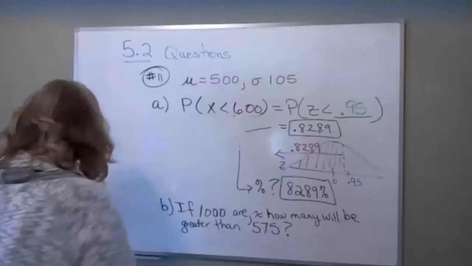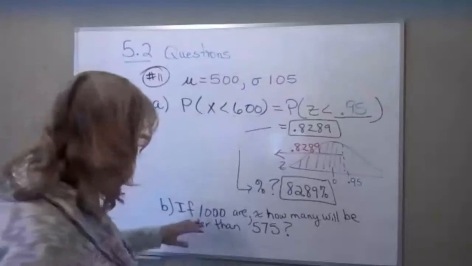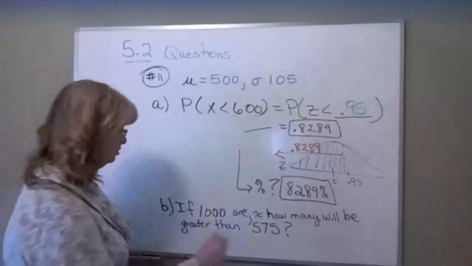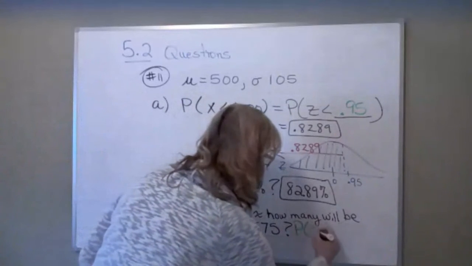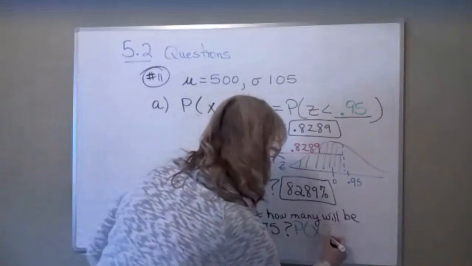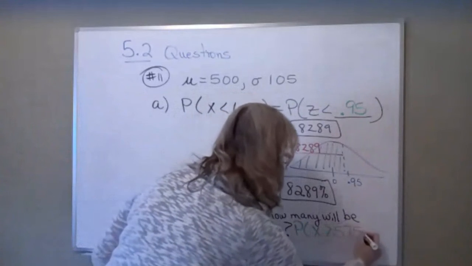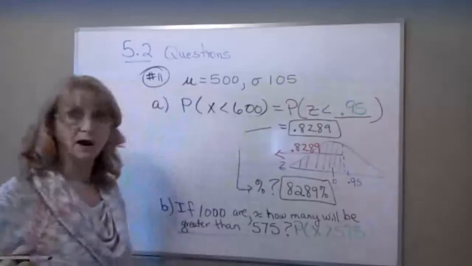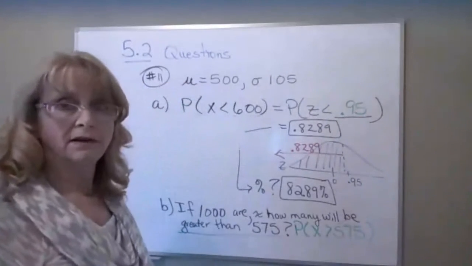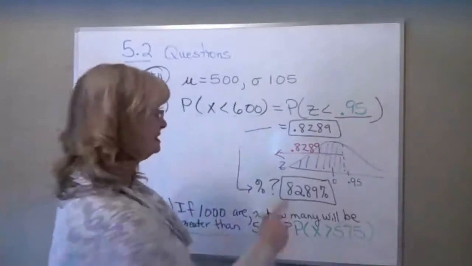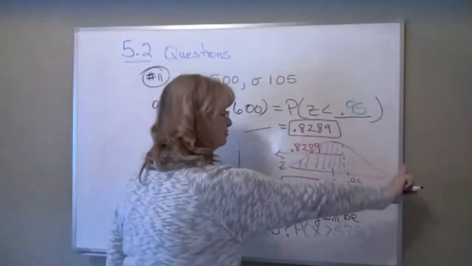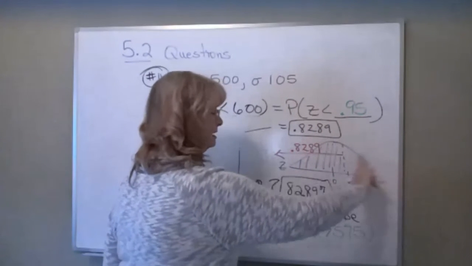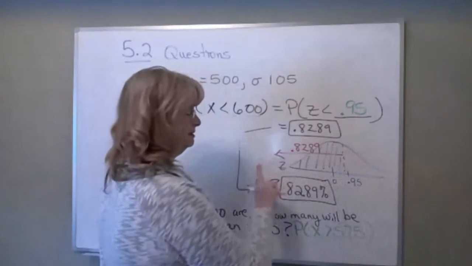Okay. So let me, so this one, the first thing you're going to have to do is find this. So this has 2 parts. You're first going to have to find the probability that X is greater than 575. That's the first part. Okay. So you're going to do that similar to what we did here, except you're going to be looking for the area to the right instead of the area to the left.